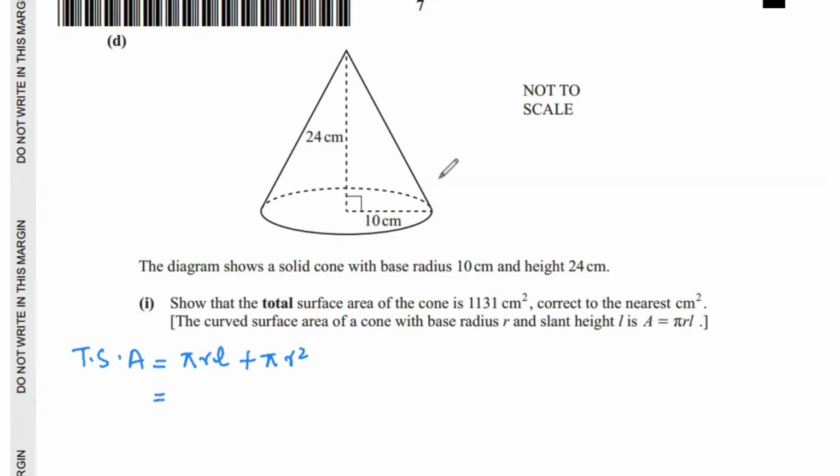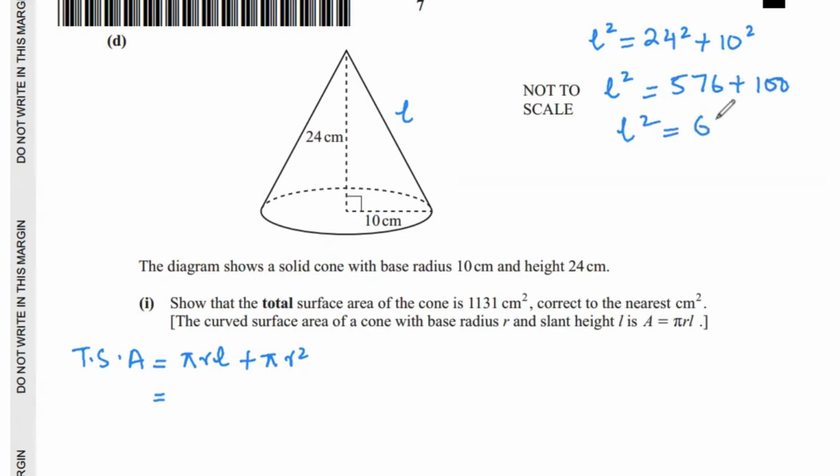So we need to find L. They've already highlighted the right angle triangle over here. So we need to find the hypotenuse. So L squared equals 24 squared plus 10 squared, which is going to be 576 plus 100, 676. Take the square root on both sides.